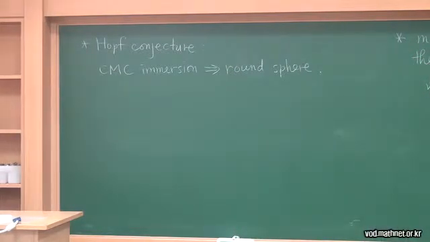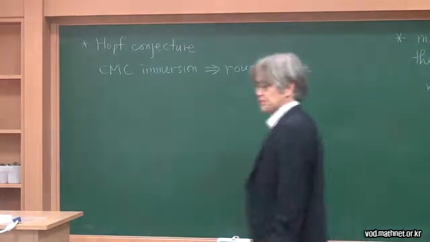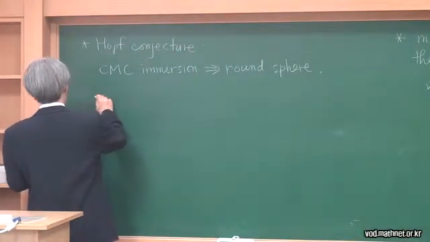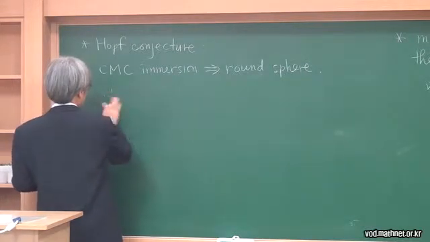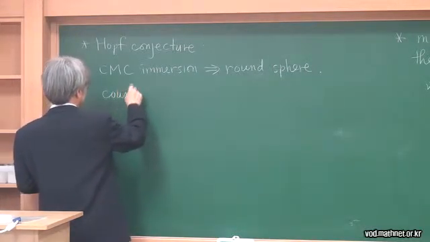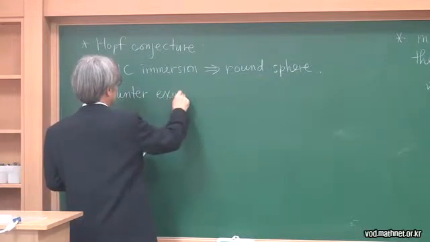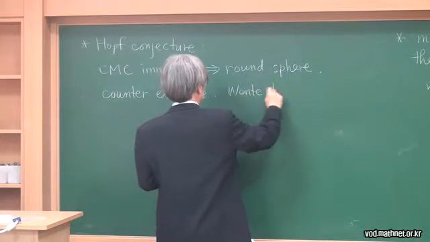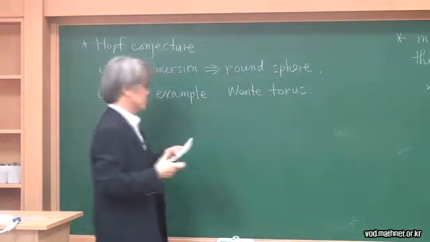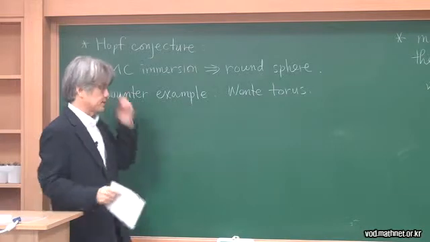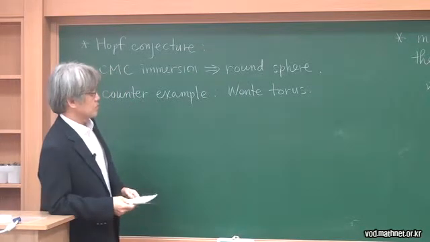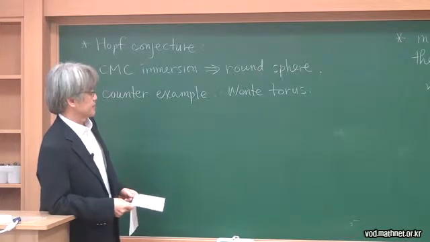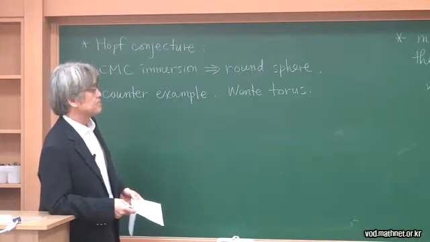This conjecture was open for about 30 years, but in the 1980s, Wente found a counterexample. He constructed an immersed torus, which has constant mean curvature. Locally, it's like a soap bubble.